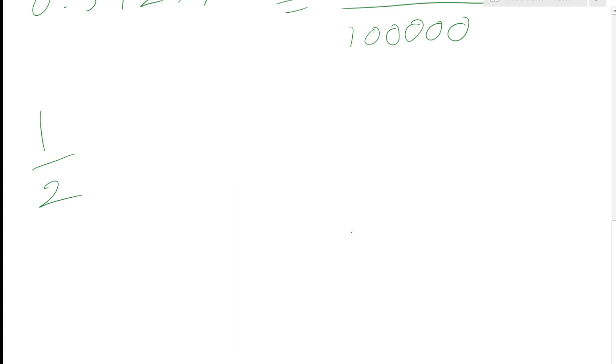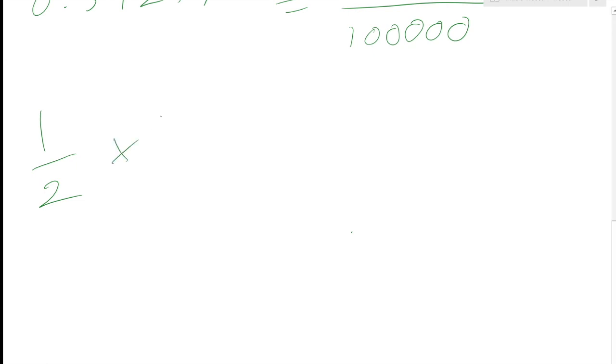So for converting fractions into decimals, we basically do that in reverse. We want to get this so that the bottom is just a power of 10, so a 1 followed by some zeros.